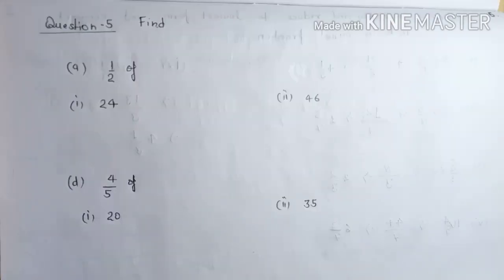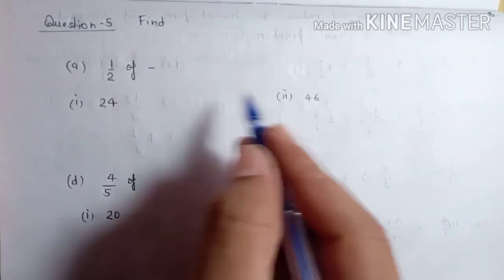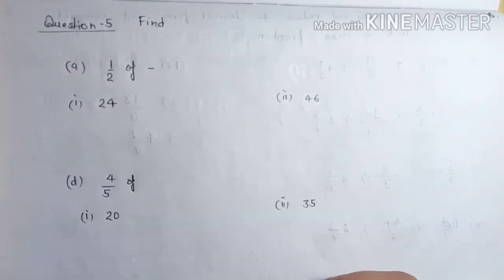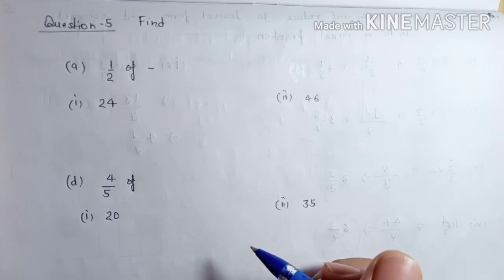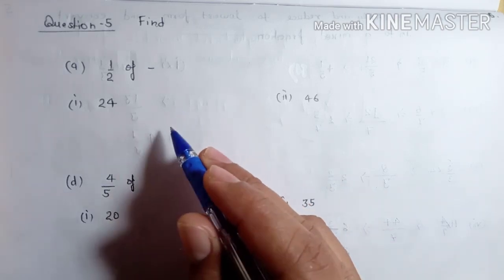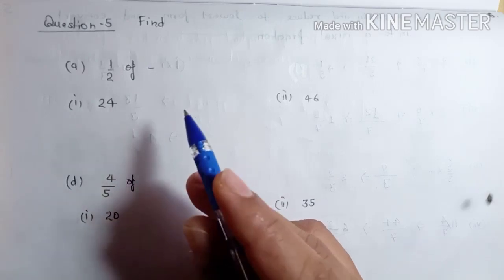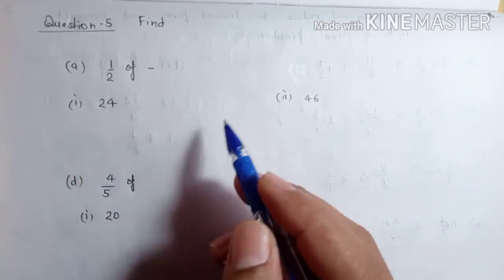In this question we have to find 1 upon 2 of these numbers 24 and 46. So we have discussed that to obtain 1 upon 2 of 24, we have to multiply this 1 upon 2 and 24.